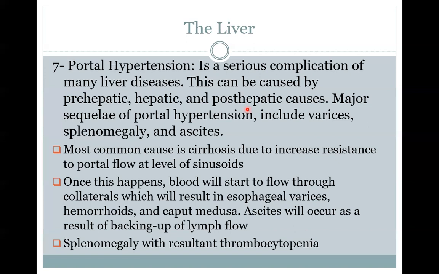As a result, you will start to see varices at the level of the lower esophagus, and also hemorrhoids at the level of the rectum, and at the level of the umbilicus, what is known as caput medusae.